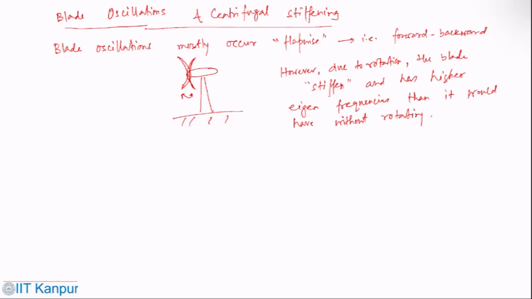So that means since the blade actually oscillates flapwise, this gets stiffened, and since the blade gets stiffened, it can have higher eigenfrequencies than it would have without rotation. So how does that happen? Let's see how that happens.